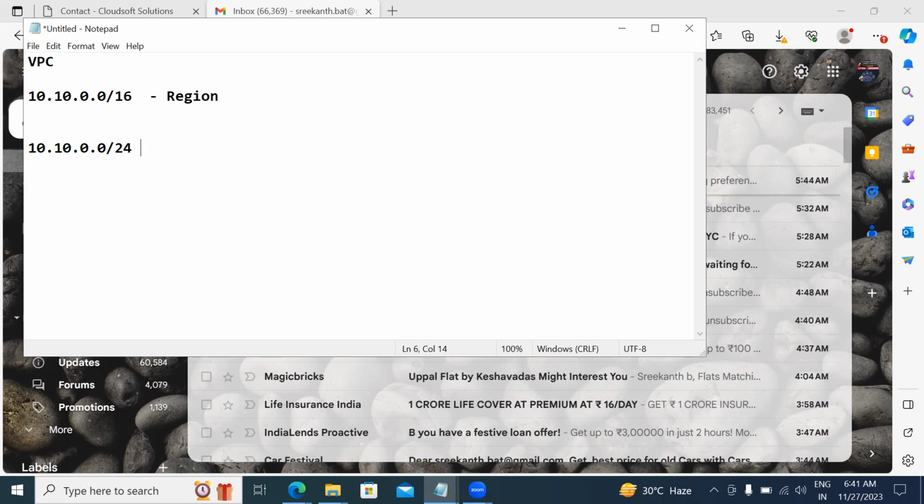In that, how many IPs are we going to get here? 256. Okay, /24 means 256. Then the next subnet will start from 10.10.1.0/24. This also will take 256.